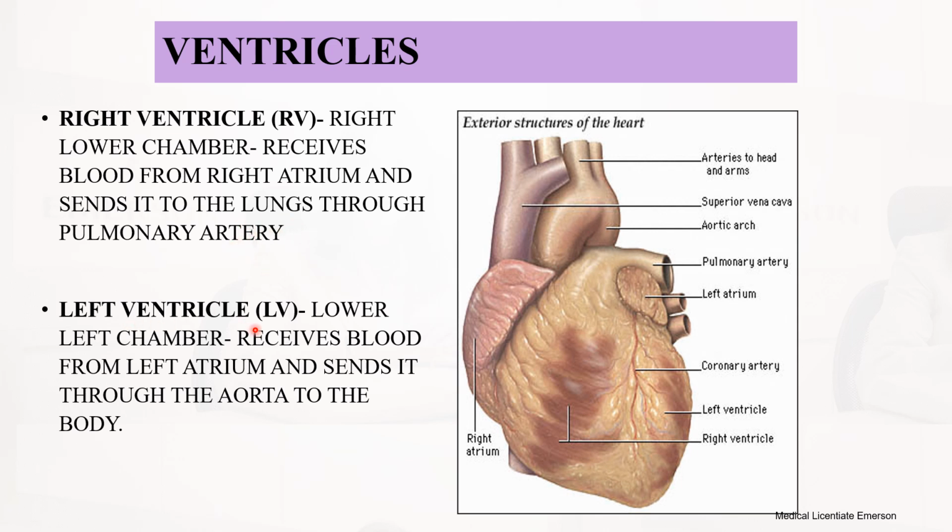Okay, then you have the left ventricle, which is found in the lower left chamber, which receives blood from the left atrium and sends it through the aorta to the body. So these are the ventricles. The right ventricle is this one, then the left ventricle is this one.